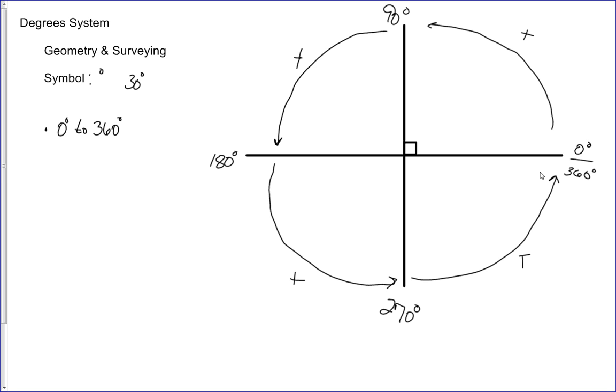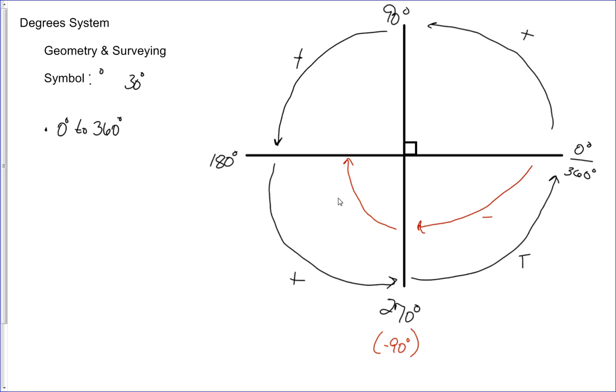Now if you go backwards, this is always 0, but if you start and go the negative way around, this here would be negative 90 degrees, not negative 270.